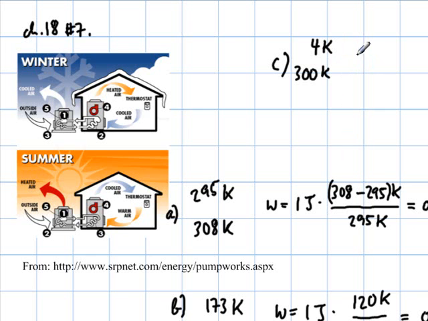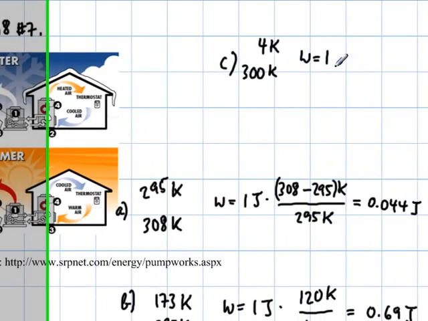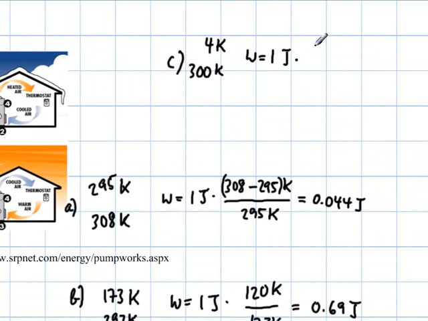And here the work comes out to 1 joule times temperature difference of 296 kelvins divided by the lower temperature of 4 kelvins, and that comes out to 74 joules. So in this case, a lot of work needs to be done just to move 1 joule of heat out of the helium that wants to heat up in order to keep it cool.